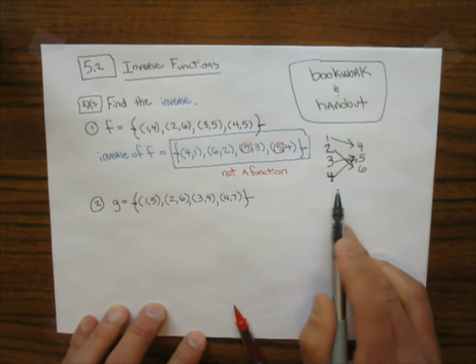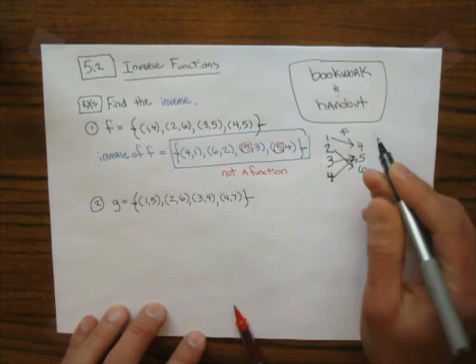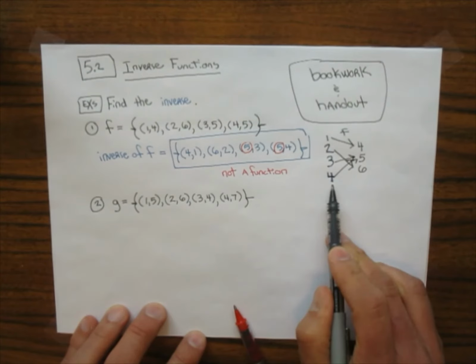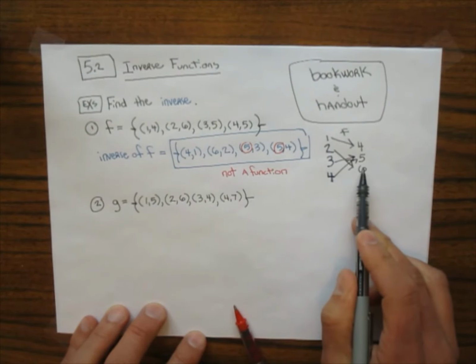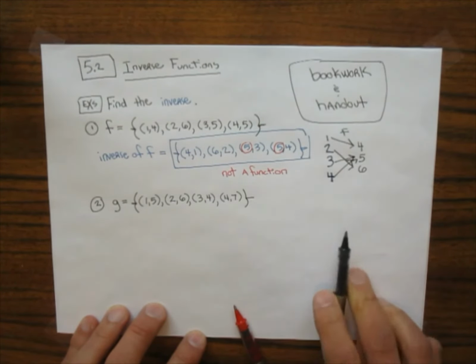So that is a function. This is f, because every input has exactly one output. Those arrows there are a little messy.